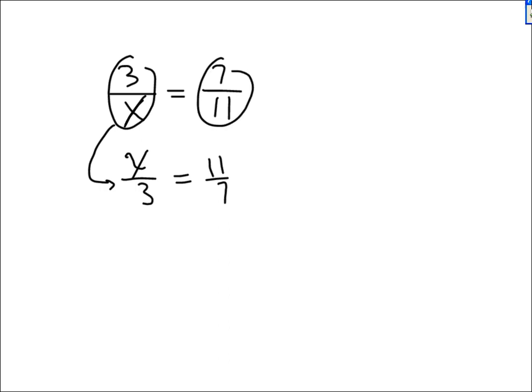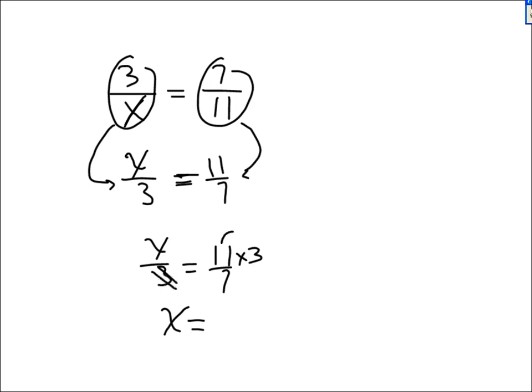I take the reciprocal of that, I get 11/7, and I say they're equal. So we have x/3 equals 11/7. Half cross multiplication. Just bring up the 3. And 7 and 3 doesn't reduce, so it's 11 times 3, 33/7. Problem is done.